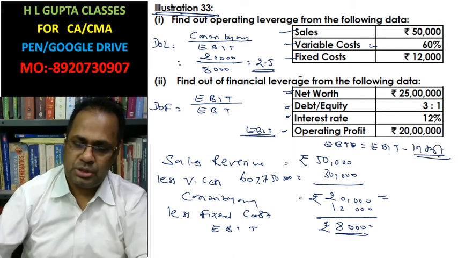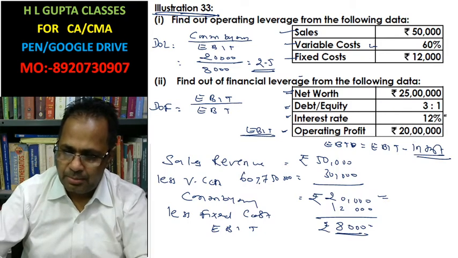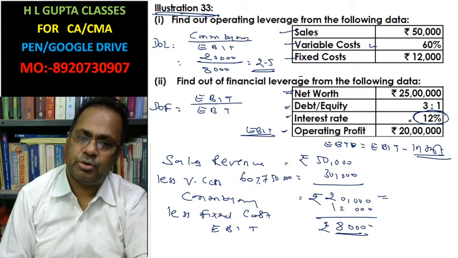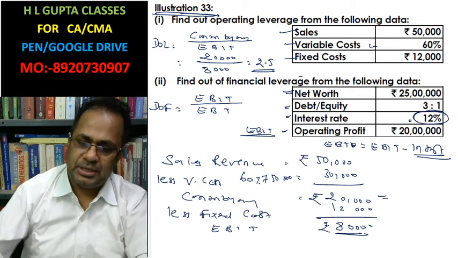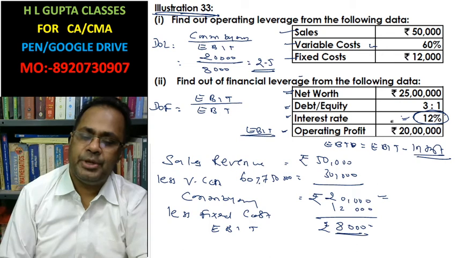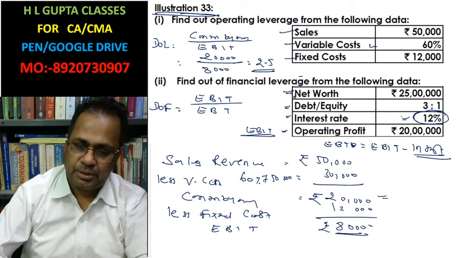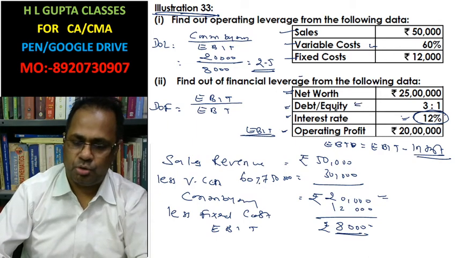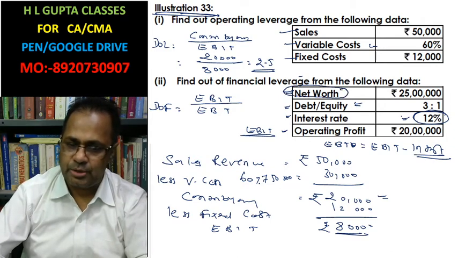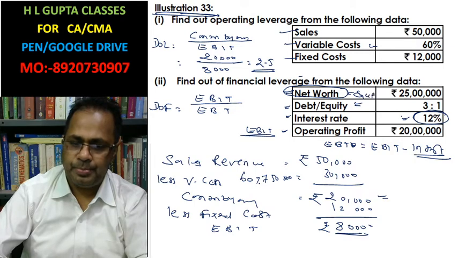In the given question, interest rate is available. Interest rate is given, 12%, but interest amount is not given. So the interest rate is given, but debenture amount is not given. You have to calculate debenture, and debenture is calculated by using the debt equity ratio, and equity is assumed to be net worth. Net worth represents equity.